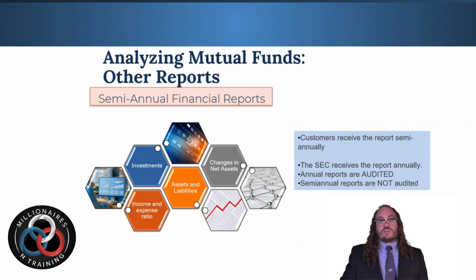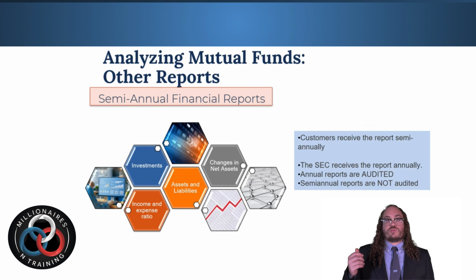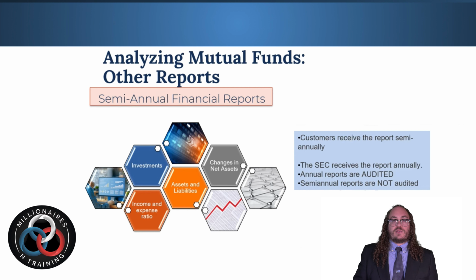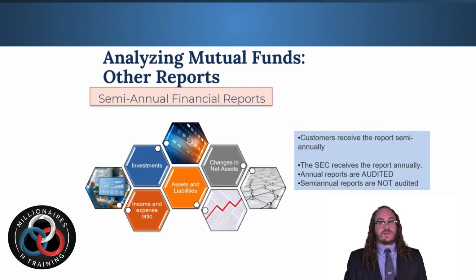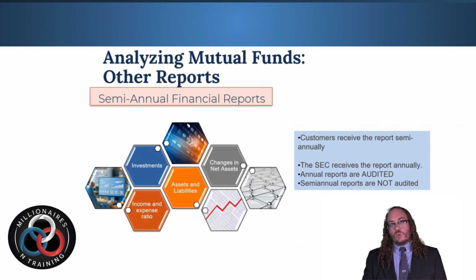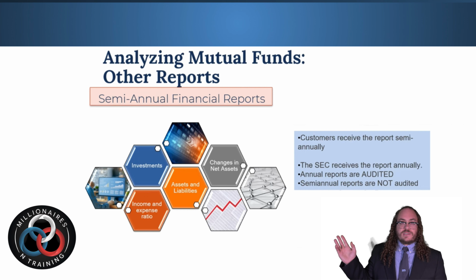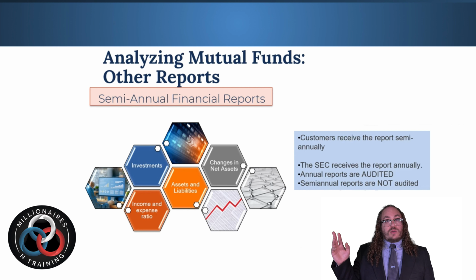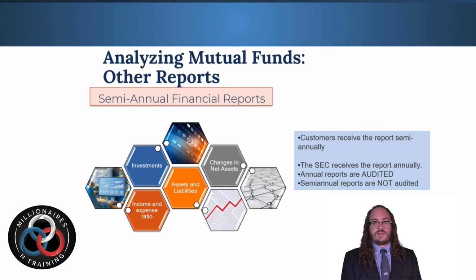Other reports that we look at are the semi-annual financial reports, and these reports detail the investments, the detailed income and expense ratio, assets and liabilities, along with changes in net assets. Customers receive this report semi-annually, and the SEC receives the report on an annual basis. Annual reports must be audited, while semi-annual reports are not audited.